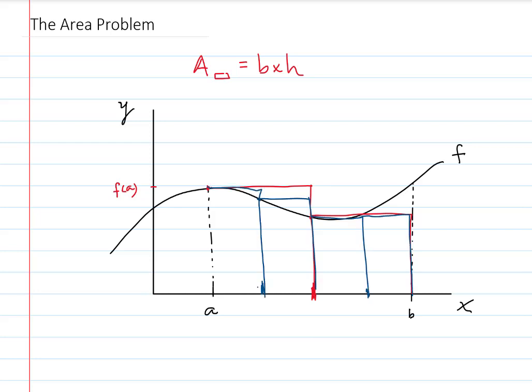You can see how we're still missing some area there, but we were able to reduce the area that we were overestimating here. Every time we partition it into more subintervals, we're making the estimation a lot better, right? So we start covering more area.